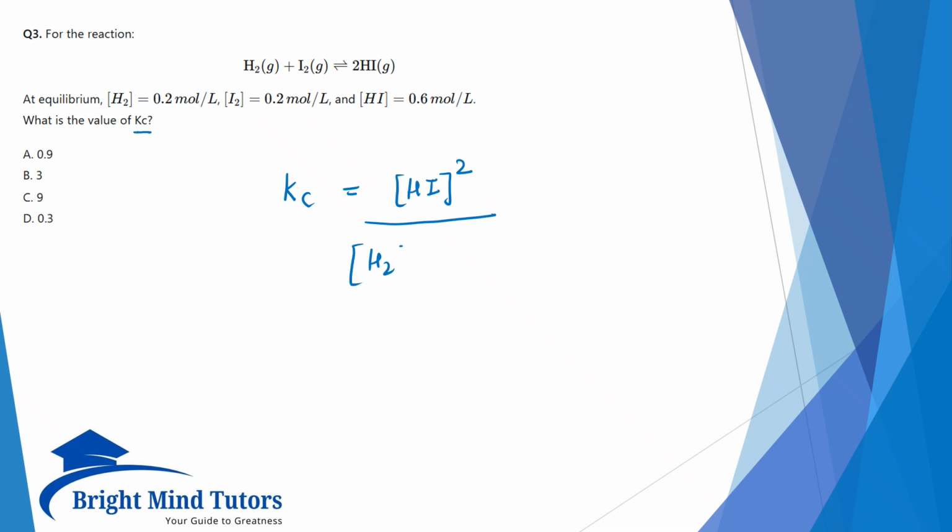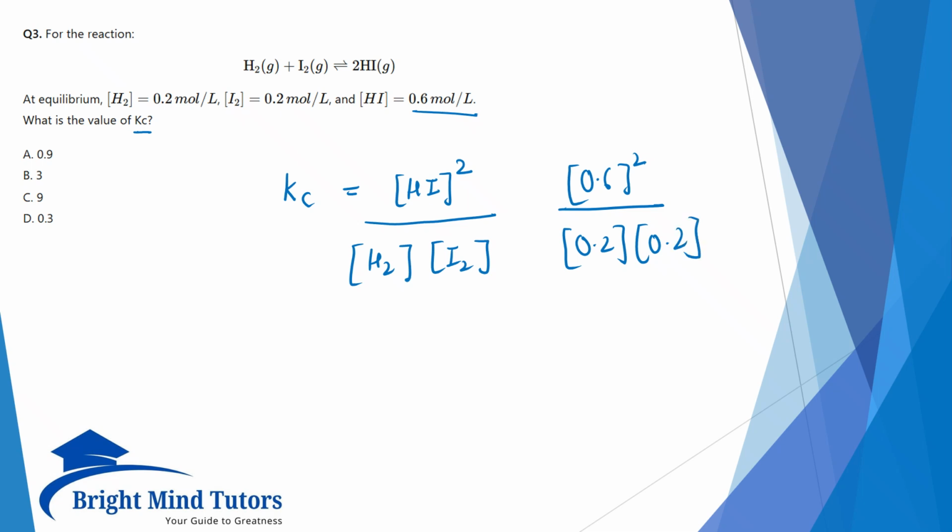Then H2 in square brackets and I2 in square brackets, and then you just need to substitute these values. What is HI given to you? 0.6 squared divided by H2 is 0.2 and I2 is 0.2 again. So just solve it and you're going to get the option C. That's it. Okay, this is going to be your answer for this.